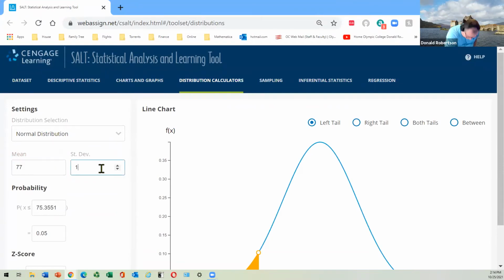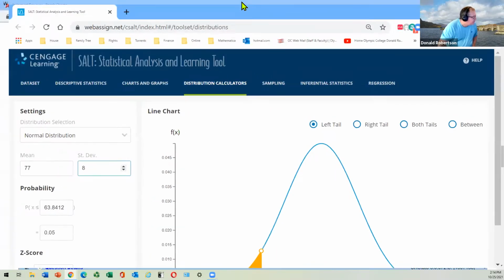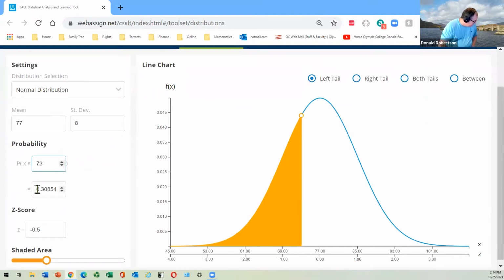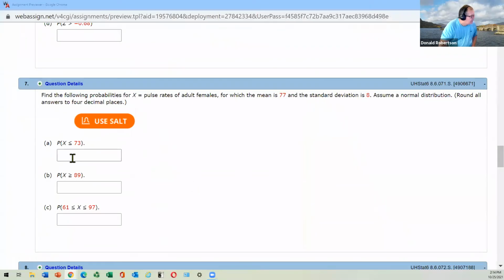The standard deviation is 8. And we want to know less than 73. Left tail. 73. And the answer is that guy. And they want the answer to 4 decimal places, so don't I drop a digit to keep it happy.